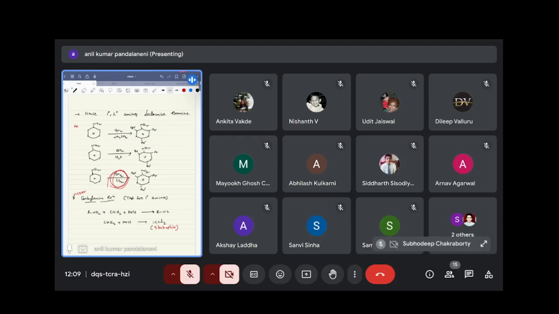Now here the lone pair is there on RNH2, and CCl2 is an electrophile. Therefore, HCl will go away, and RNC will be formed.